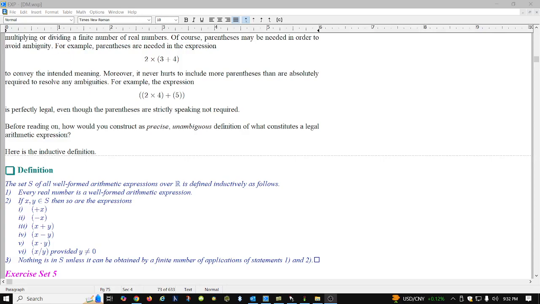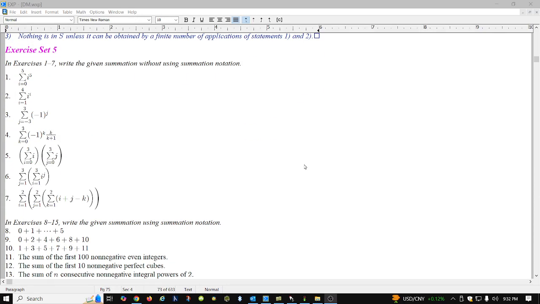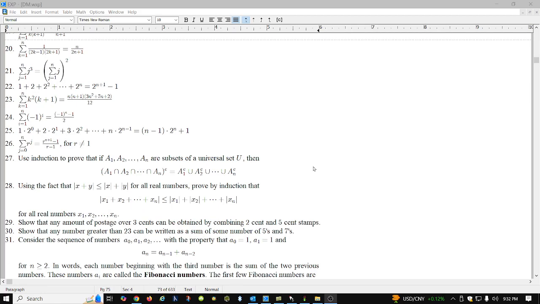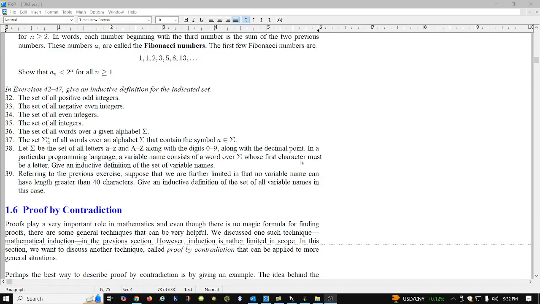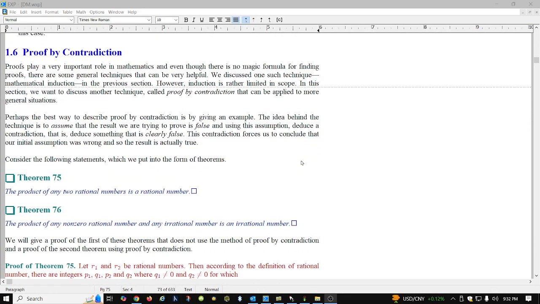Okay, we have one more short matter to discuss, and we will be done with this chapter, and that is proof by contradiction. I hope I've impressed upon you by now the fact that proofs are extremely important in mathematics. There's no magic formula for finding proofs.